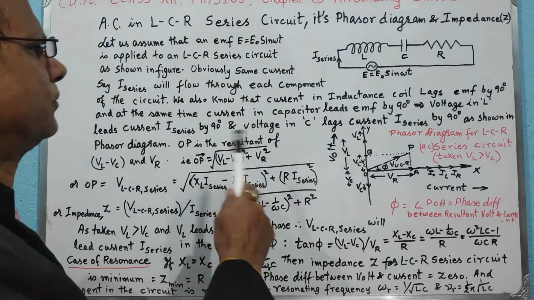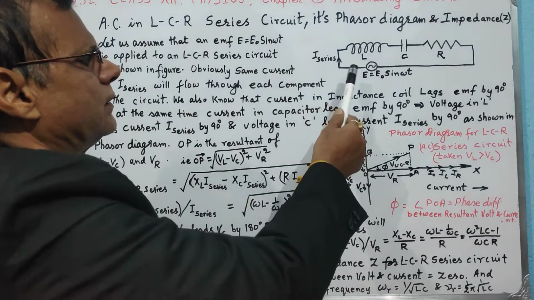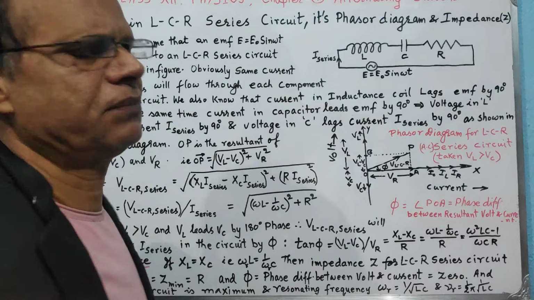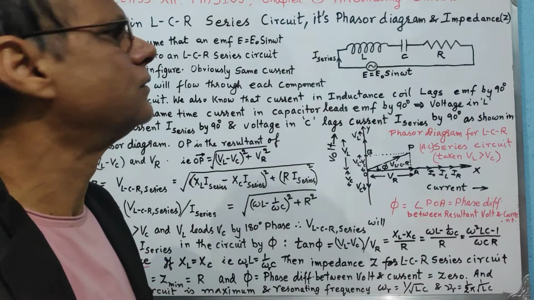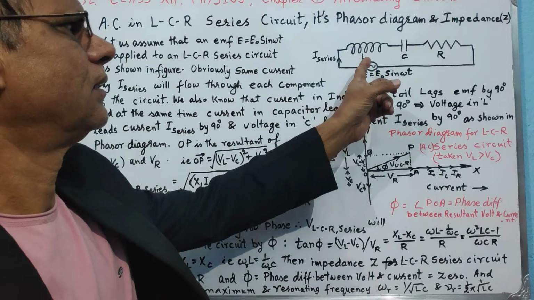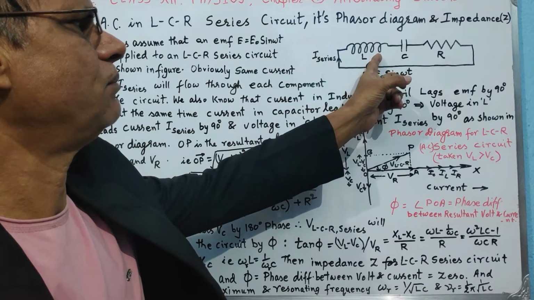Here, if you can recall the phase relationship between the current and voltage for a purely inductive coil, what is the relation between them?